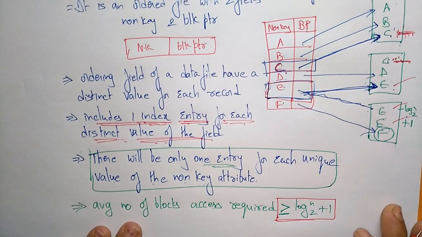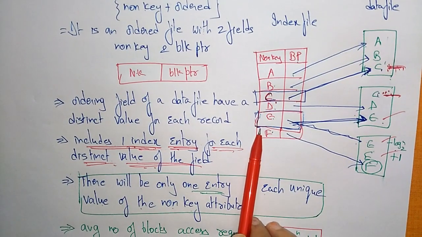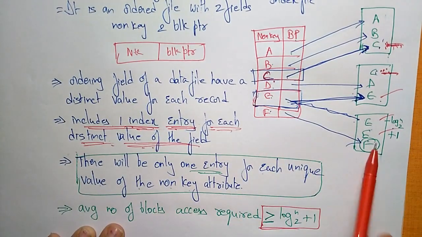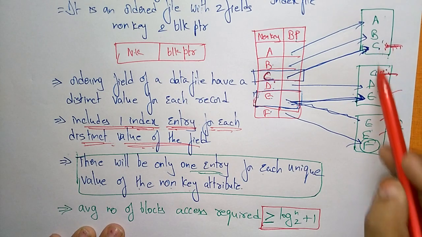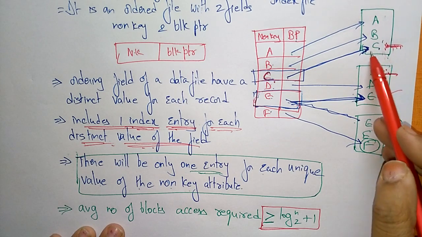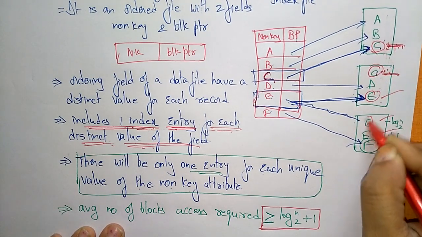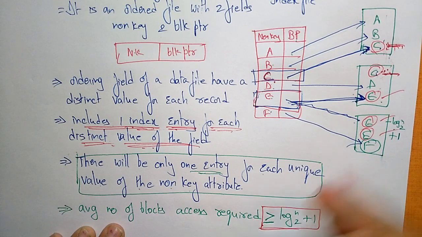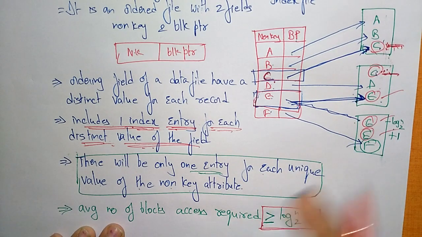Why? Here you can observe that in the index file, the entries should be fewer compared to the data file. In the data file you are having distinct values and repeating values, so multiple records are there. C, E. That's why this may be greater than or equal to.